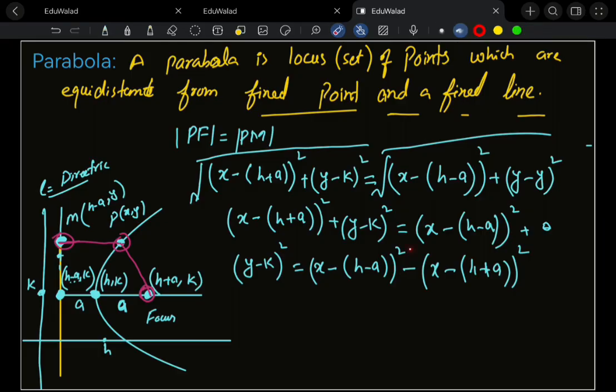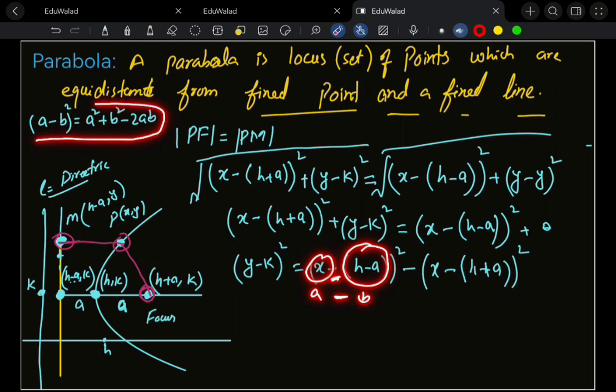We have to expand these expressions one by one. We already know that a plus b, a minus b whole squared equals a squared plus b squared minus 2ab. This value is our a, this value is our b, and here is a negative sign. So we will use this formula here.